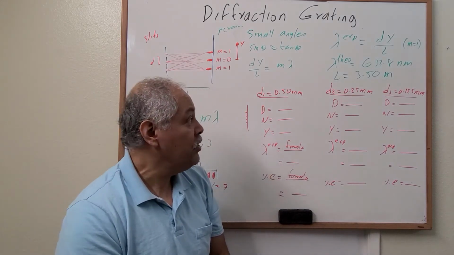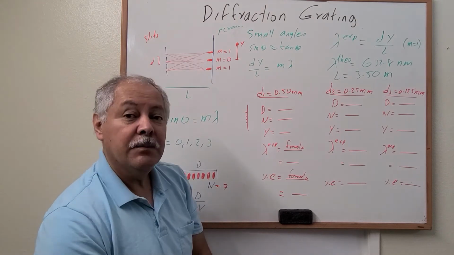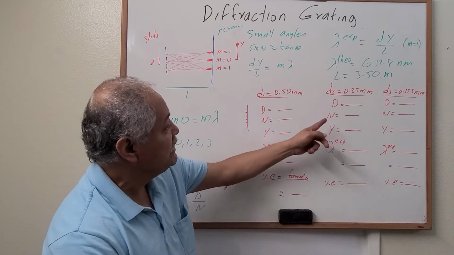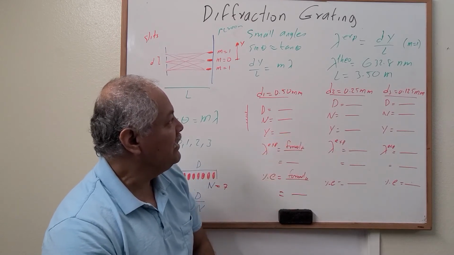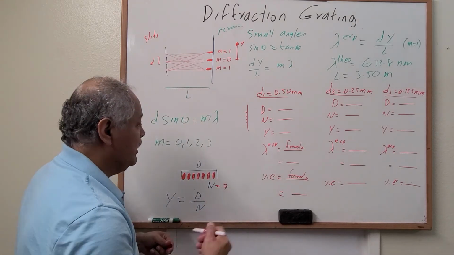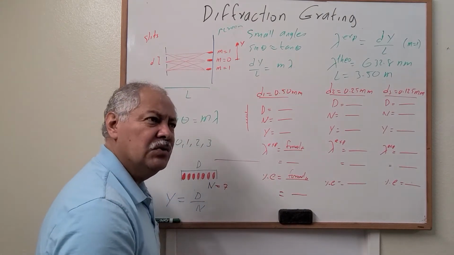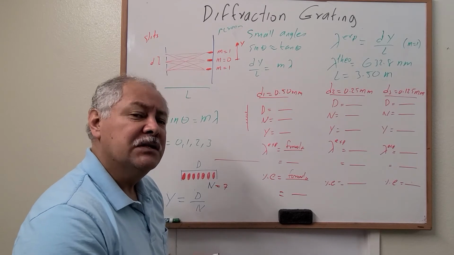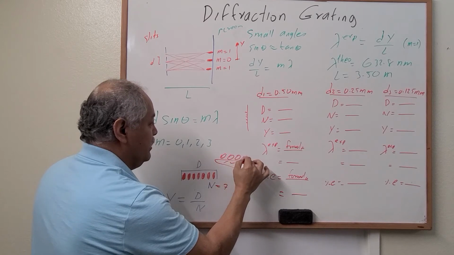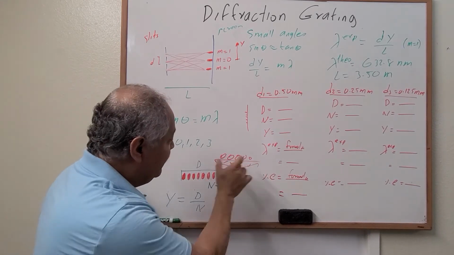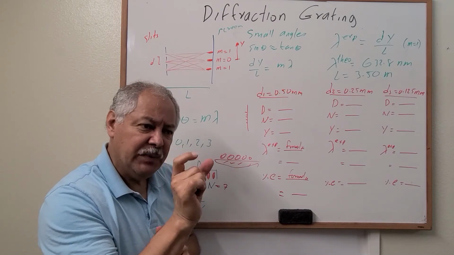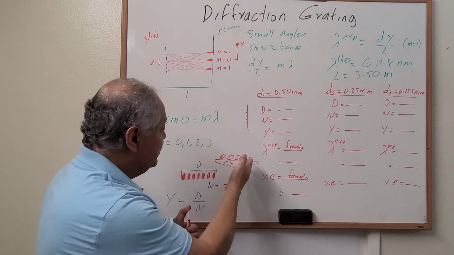Now let me show you a picture that gives us the relationship between d and n. I'm going to give you the picture for the diffraction grating. We have a ruler right here, similar to the double slit interference, and then we have the spots right here. It's going to be moving a little bit because I'm trying to adjust to get the best picture for you on this ruler.